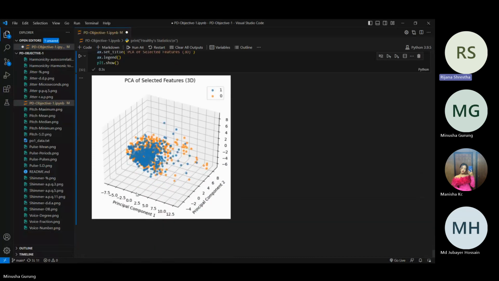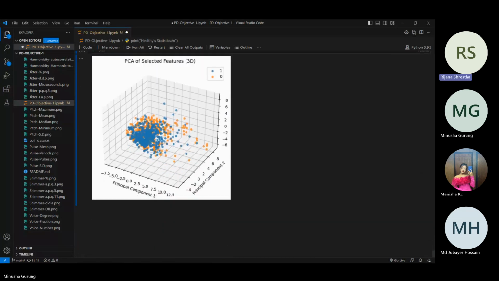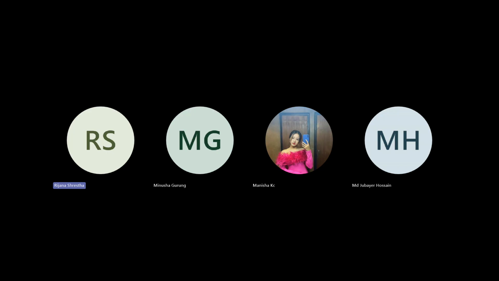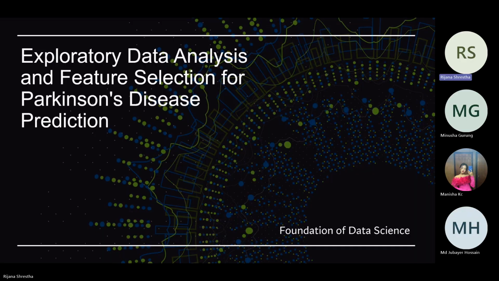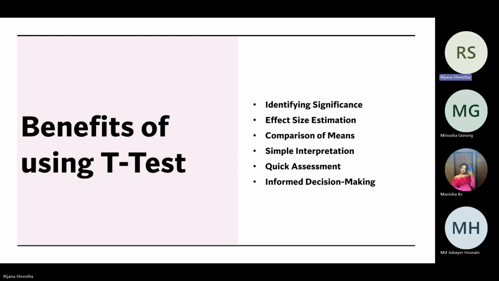So now, why t-test and why principal component analysis? Using t-test analysis, it can help in identifying significance, effect size estimation, comparison of means, simple interpretation, quick assessment, and informed decision making.